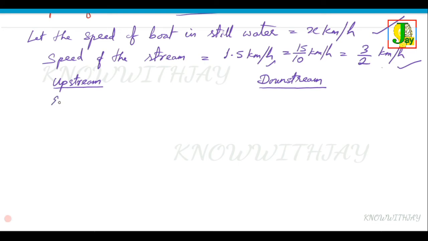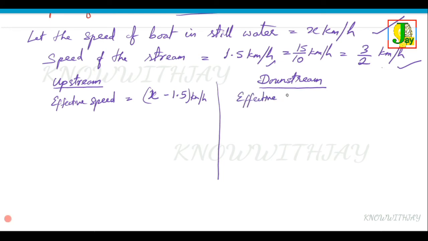So upstream the effective speed is x minus 1.5, the speed of the boat minus the speed of the stream, kilometer per hour, and the speed downstream, the effective speed in this case, is x plus 1.5 km per hour.